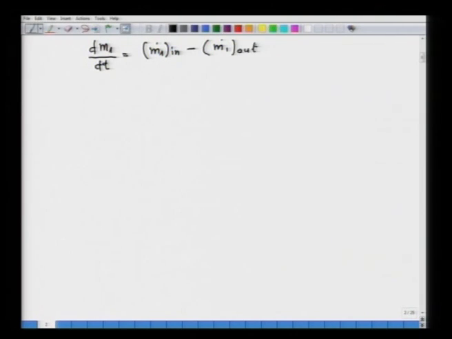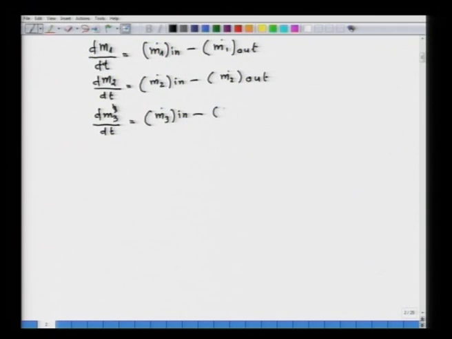Similarly, for component 2, dm2 upon dt is equal to m2 dot in minus m2 dot out. For the third component, dm3 upon dt is equal to m3 dot in minus m3 dot out, and so on.